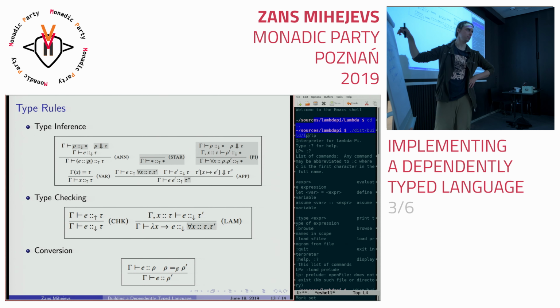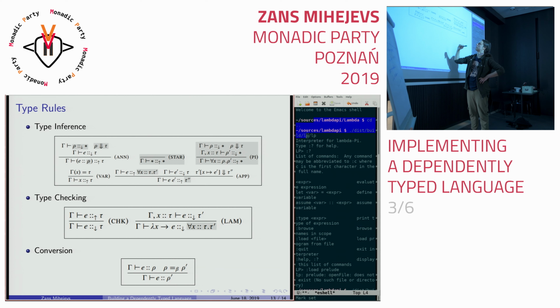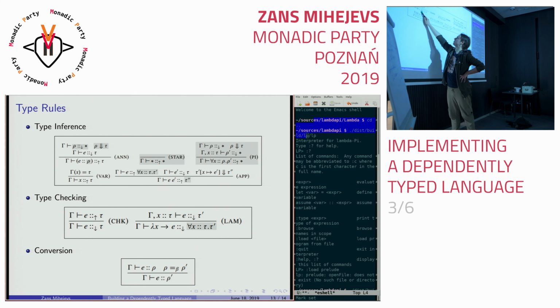So essentially how we go around that is we say that first we check that this is an actual type here. So it has a star, versus, say, a nonsense statement like an expression of type 3.